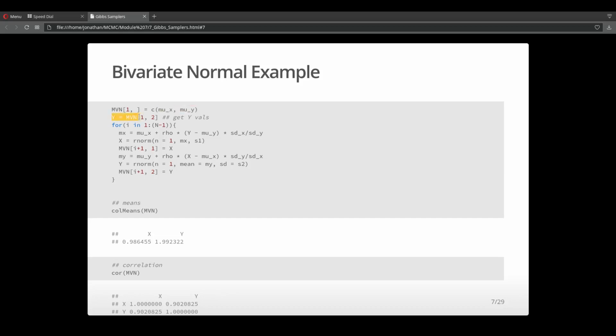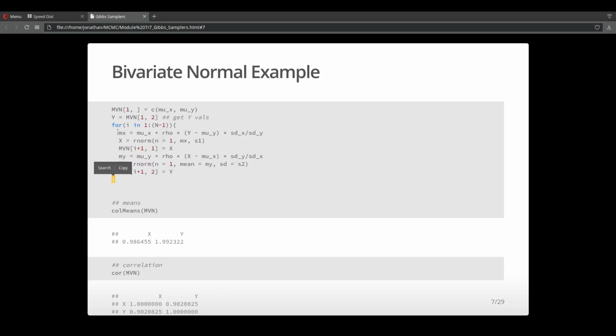I start with y. In my for loop, I get my y value, I update the average for the conditional distribution for x, and then I sample x. I store this x value in my matrix, and then I update the mean for y. And then with that updated mean, I sample a new y value, and I store it, and then I repeat.